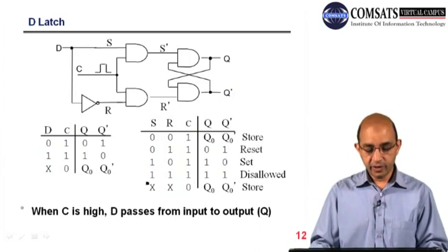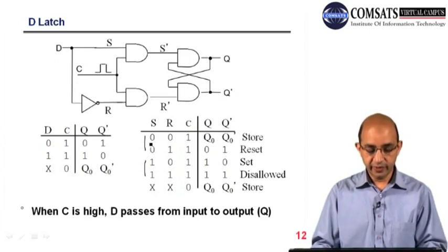So in order to avoid this race condition, I have applied a signal that is called the D input into this S, and then I have complemented this input and applied it at R. So you can see that if I pair them, we cannot have the state 0 0 and 1 1, because this is complemented.